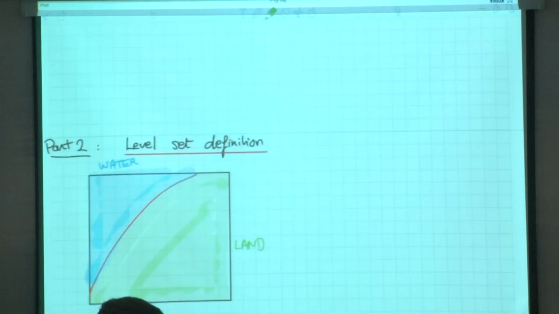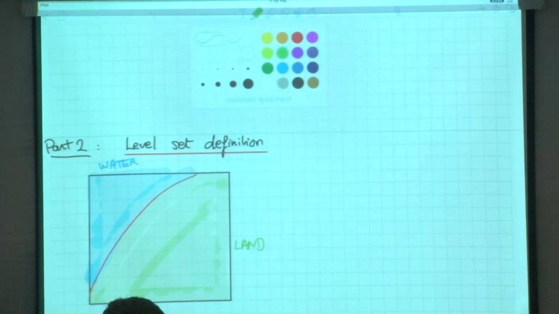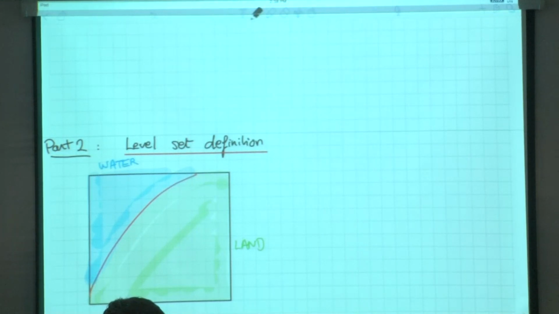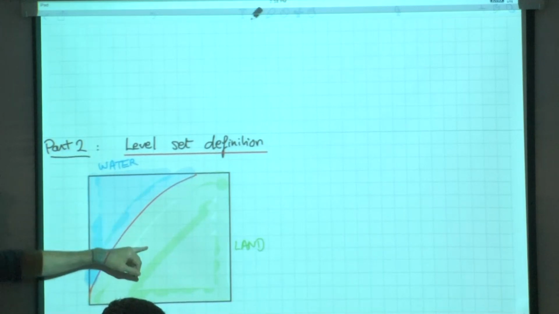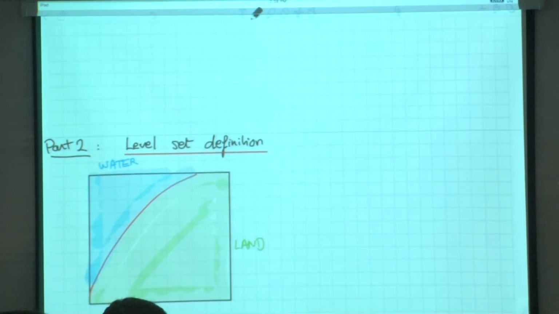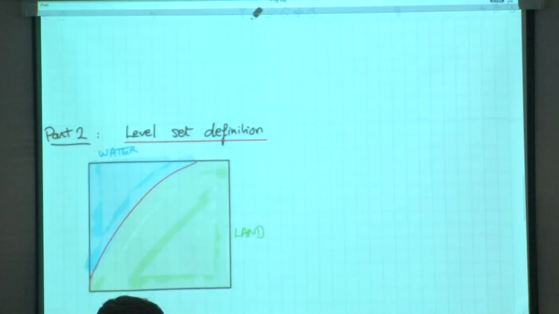So that's the representation we're going to follow, because this representation that gives us those two different colors for our entire map is sufficient, in fact, to tell us where the interface between those two colors is located.